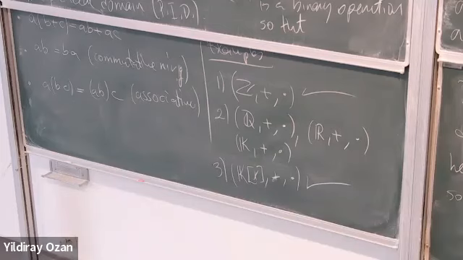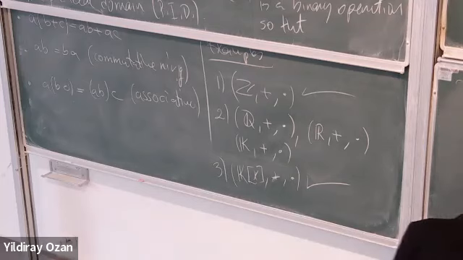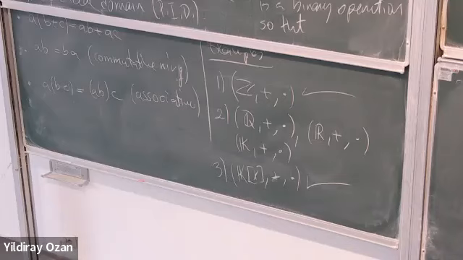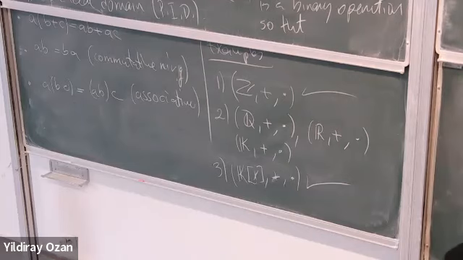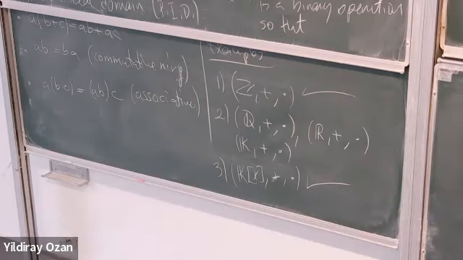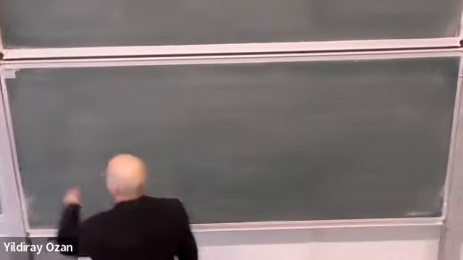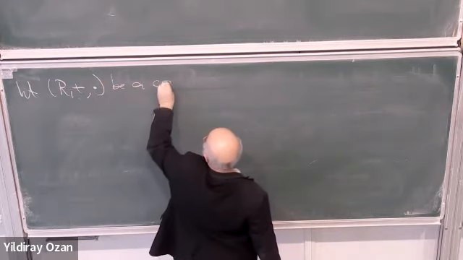What's a principal ideal domain and what's an ideal? So let (R, +, ·) be a commutative ring.